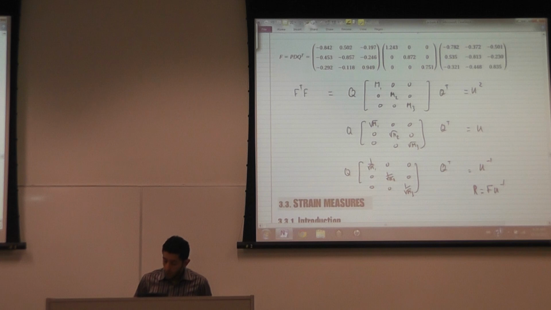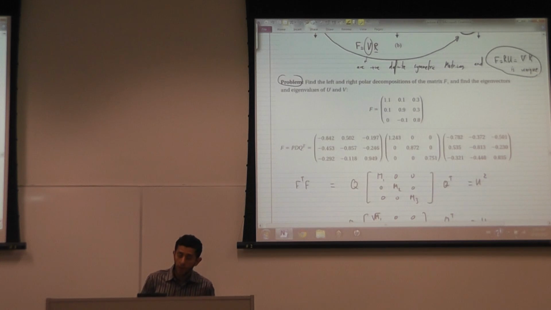So this is if you're going to do it by hand, but the software also has it, and you can look at the example, look at the code, to find the decomposition.